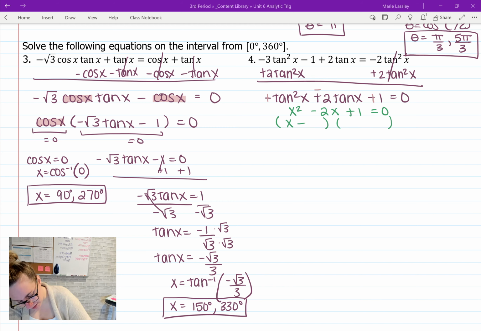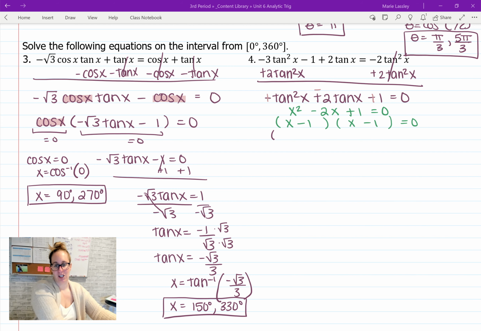So it's now going to be tangent x minus 1 times tangent x minus 1. I have no idea why I keep wanting to change this problem to cosine.